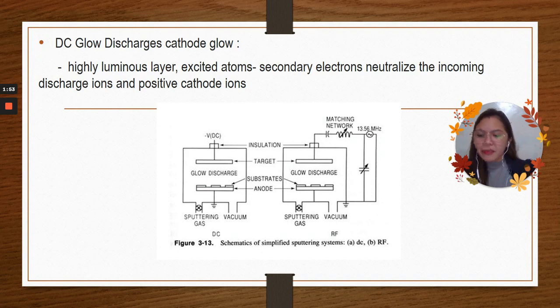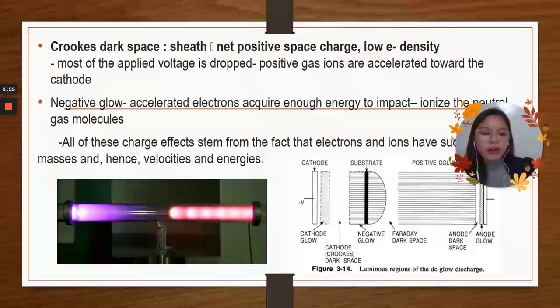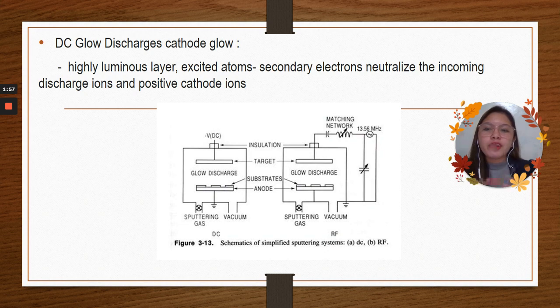For the next part, we have the direct current, or DC, glow discharge cathode glow. This is the highly luminous layer, where you can find the excited atoms, secondary electrons, neutralized incoming discharge ions, and positive cathode ions.